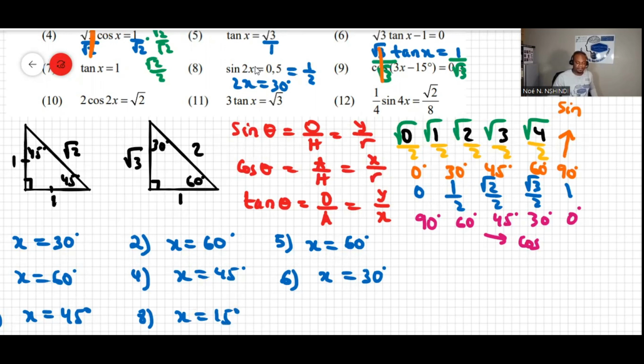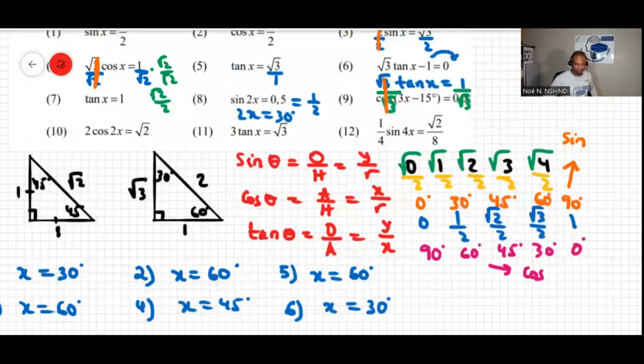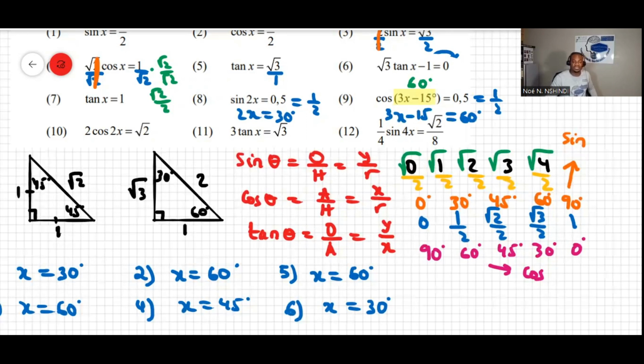You see? And then question 9, it was a mess over here. Question 9, we have this 0.5 can be written as a half. And if I look at a half, it's 60 degrees. So this means the whole angle, 3x minus 15, is the same as 60 degrees. So we can write 3x minus 15 equals 60 degrees, which is a linear equation we learned from grade 9.